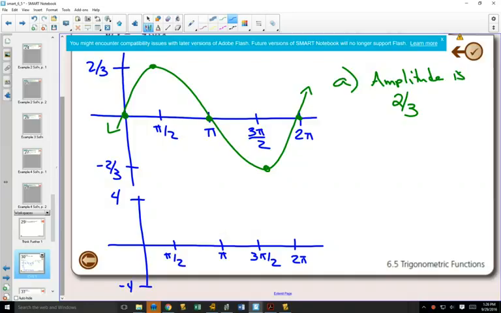But because we had that negative in front, what's going to happen? It's going to get flipped. So because of that negative, it's going to start at a minimum. And because we always separate in 4 sections, it's going to go minimum, center line, maximum, center line, minimum.